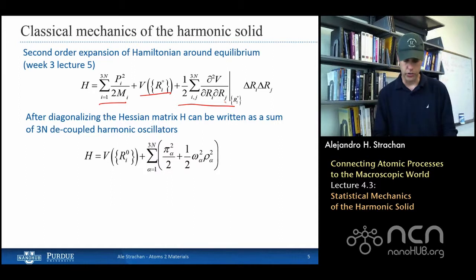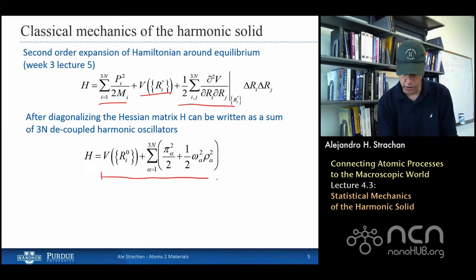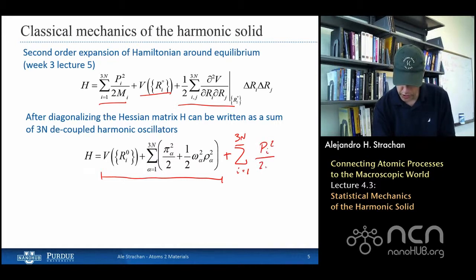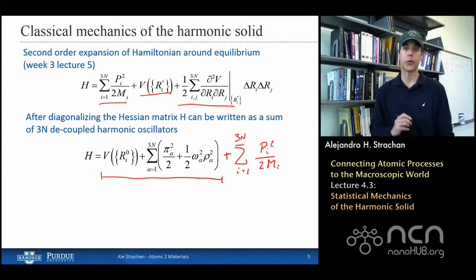But the bottom line is that the potential energy can be written in this way. And of course, for the Hamiltonian, I also have a sum over all states of the kinetic energy.